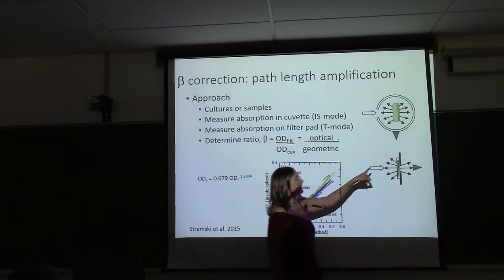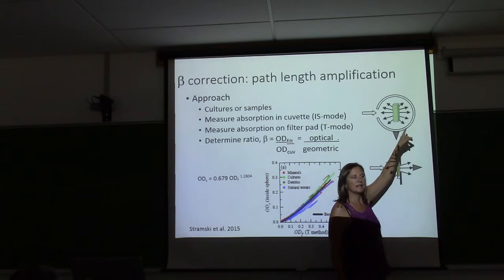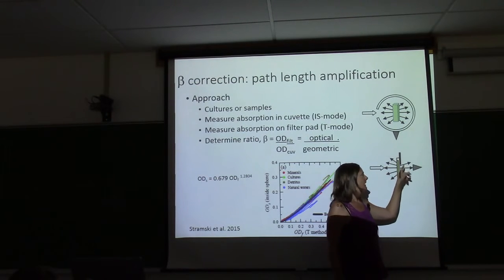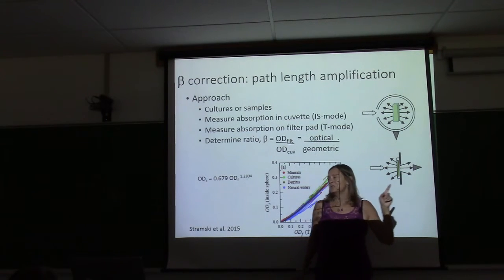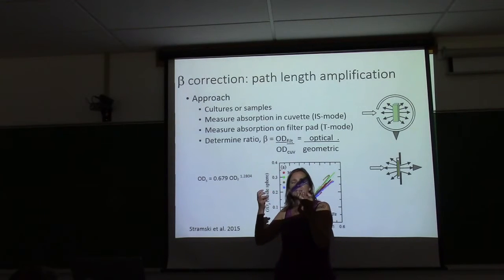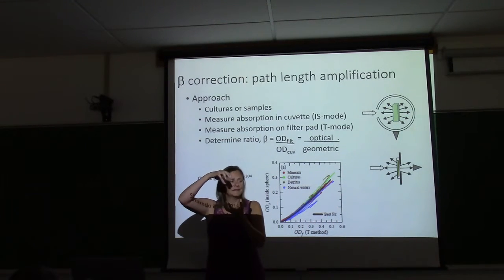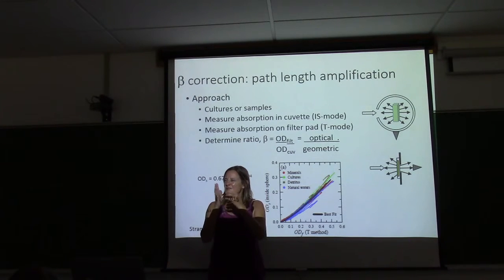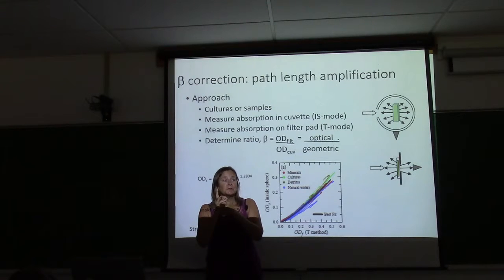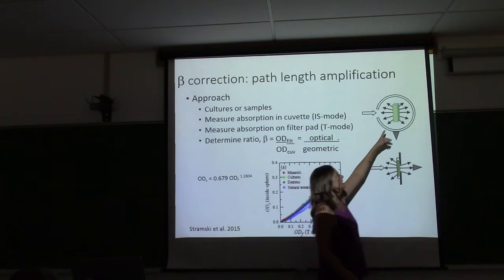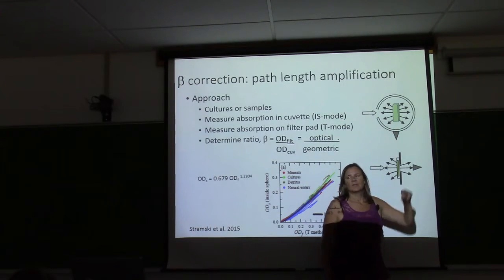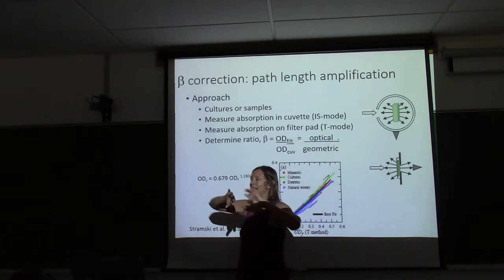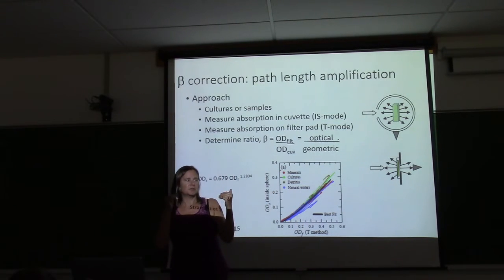So the cuvette had the same amount of scattering as the filter pad, which meant that they must have had a huge concentration of cells in their suspension to have this huge amount of scattering to match the particles on a filter. So what you know to be true was that they didn't have truth. They had an absorption measurement that had a ton of scattering in it, and they called it truth.